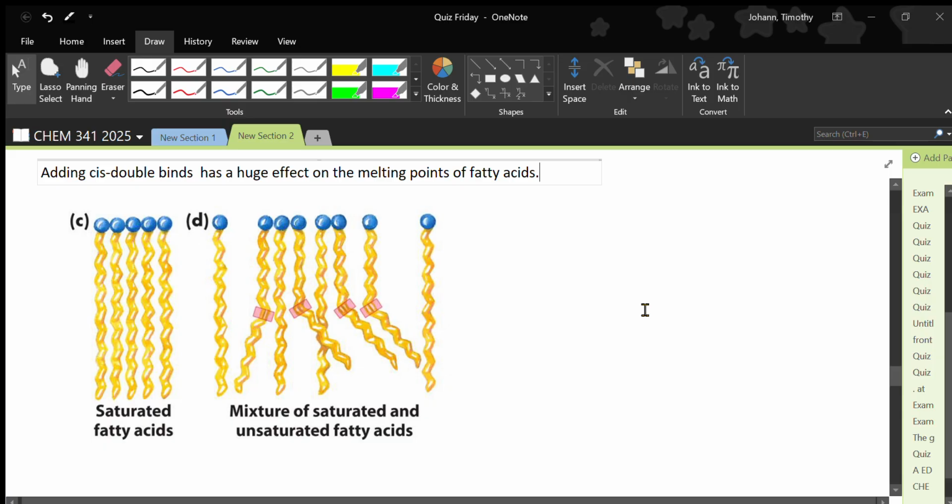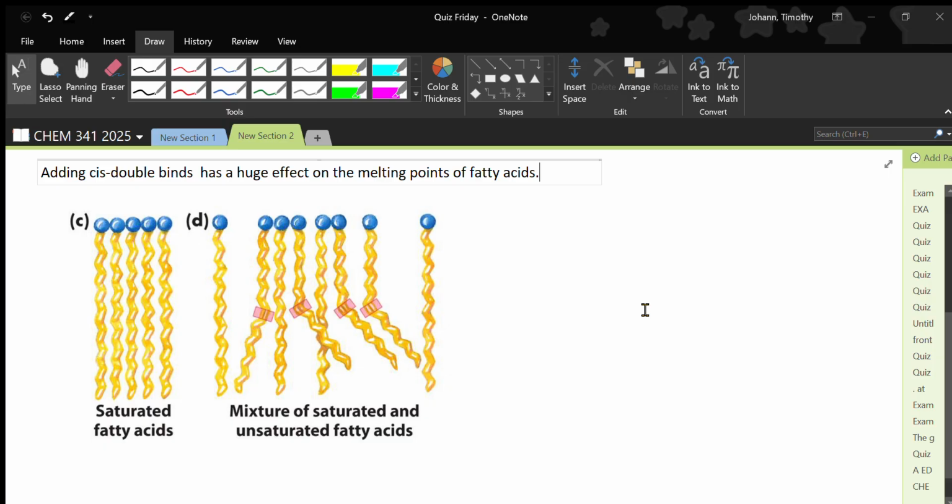Plant fat is the oils you buy, like olive oil, canola oil, and various other oils, and they have more of these double bonds in them. Now, they are triacylglycerols, but triacylglycerols pack as well. It's just a more complicated picture. Imagine you've got 3 of these attached to a glycerol.